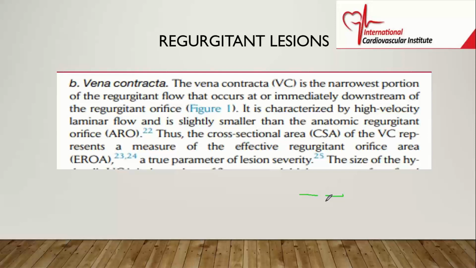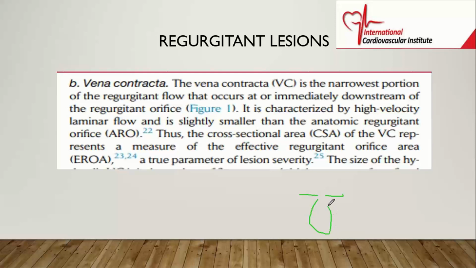The anatomic area may be very big, but the regurgitation occurs through an effective regurgitant orifice, and it might be just this narrow. So when you have regurgitation through this valve, you're going to have the regurgitant jet right here.